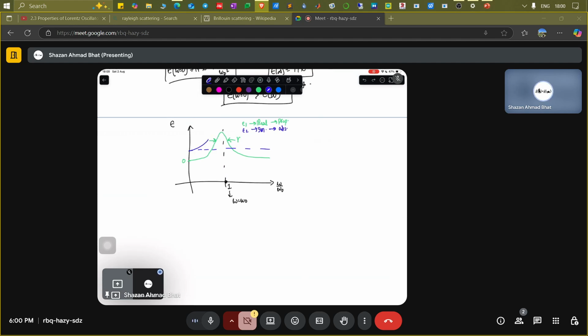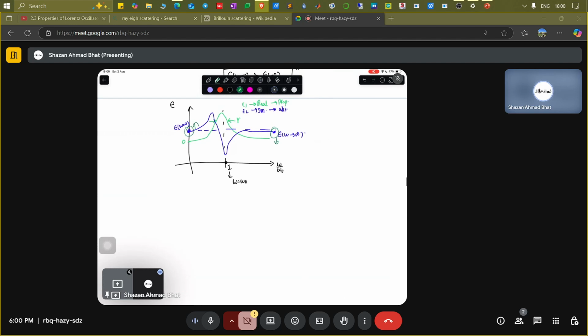Let me draw it like this. But you have to make sure that epsilon at omega equals to 0 should be greater than epsilon at omega tending to infinity. That is the fundamental notion. So these two values are not the same. This is greater, this is lower.